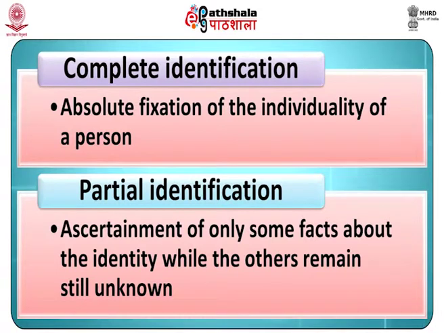The complete identification means the absolute fixation of the individuality of a person, whereas partial identification refers to the ascertainment of only some facts. For example, it can give detail about the race, sex, age and stature of a person, while the other factors still remain unknown.